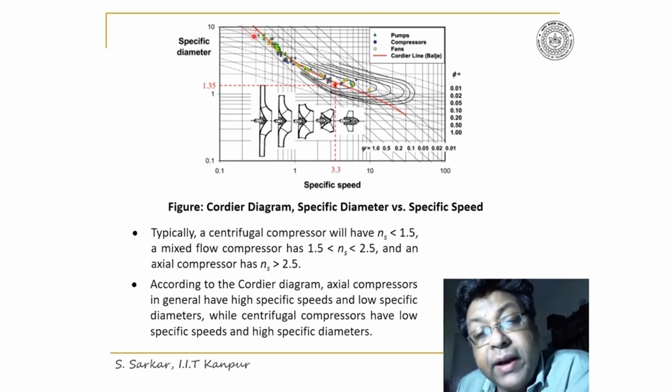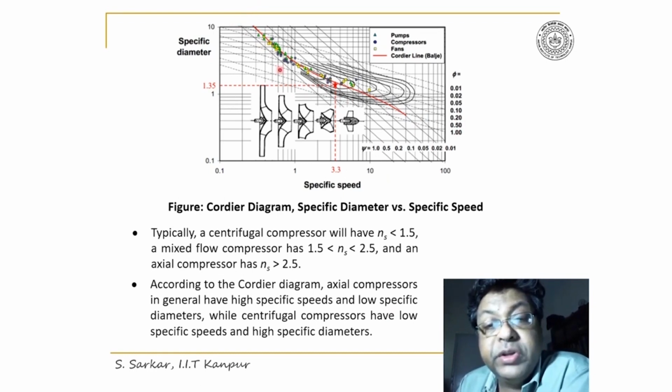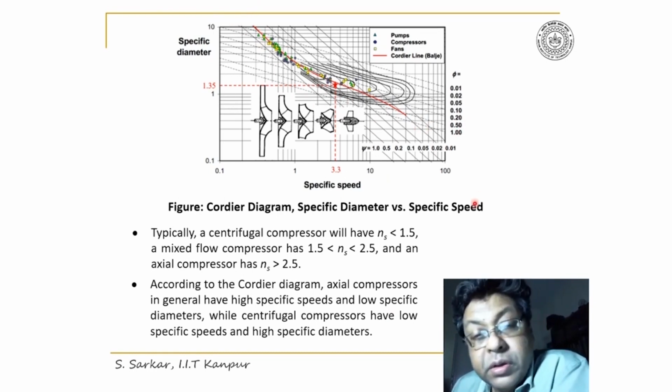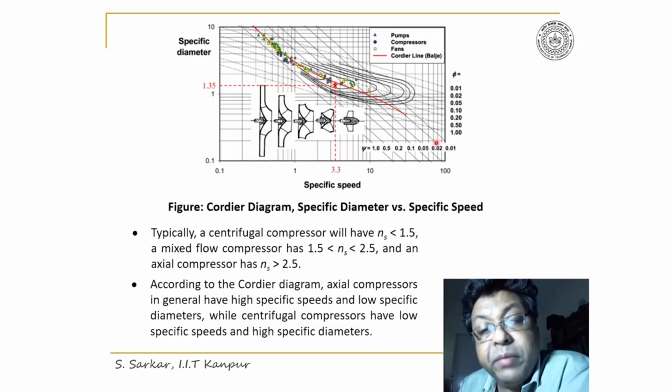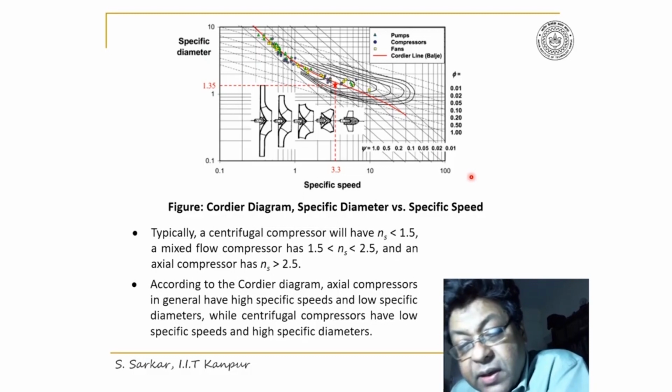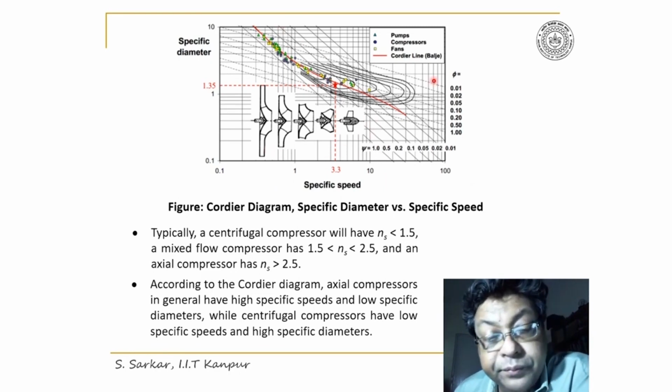So you can realize that they are very well correlated by specific diameter and specific speed. And the line which represents the correlation is the Cordier line, which is represented here by a red line. So in any design activity, we'll first initiate the design with this Cordier diagram.